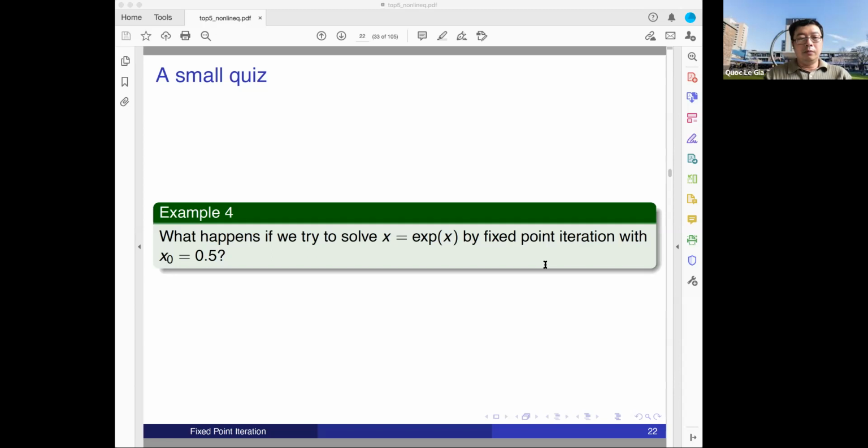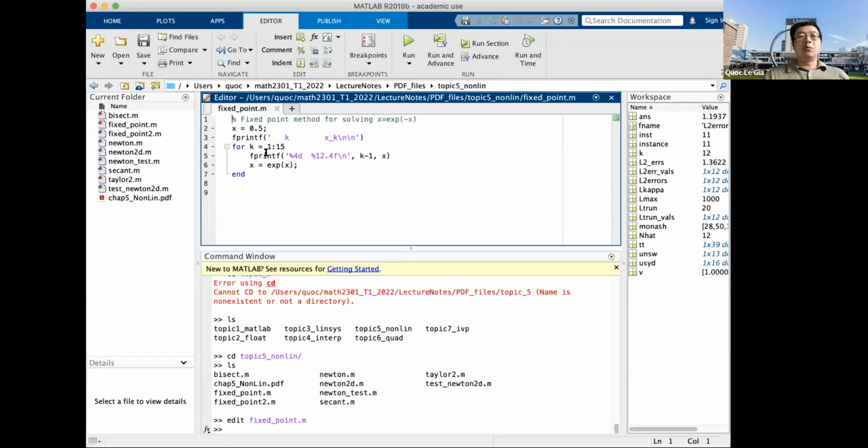Now let me share my MATLAB script. Here I just have x is 0.5, and x equals e to the x, and I let it run.